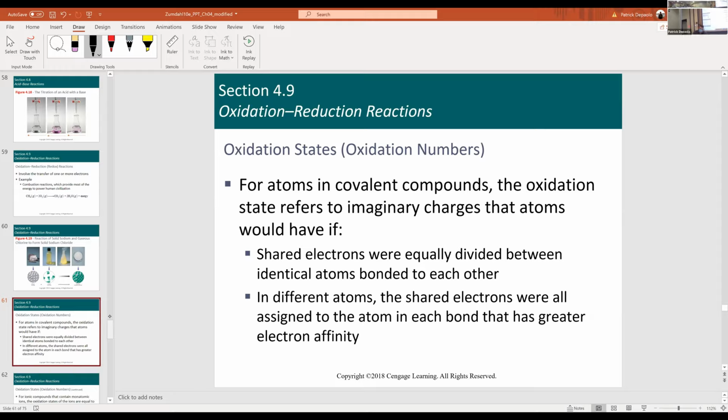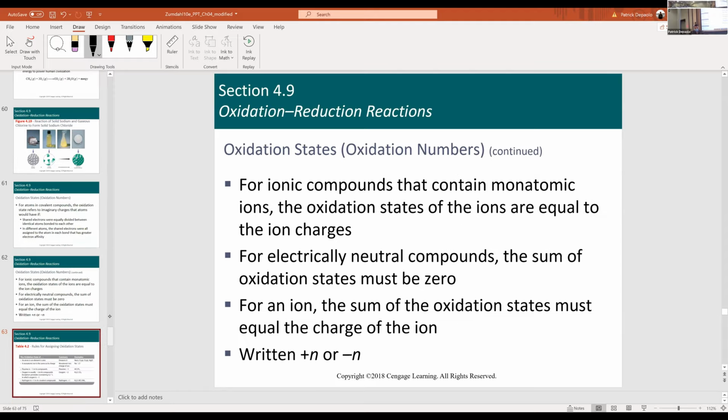The pseudo charge is the charge as represented in that reaction. It changes based on what reaction you're in. So there are rules for it, and we'll just skip to the rules.